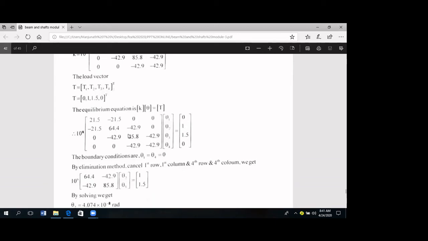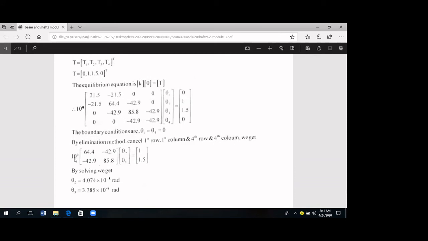Only the remaining coefficient values are left, times 10 to the power of 6: 64.4, minus 42.9, minus 42.9, 85.8, times theta 2, theta 3, which is equal to 1, 1.5.